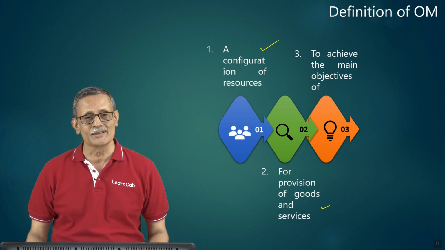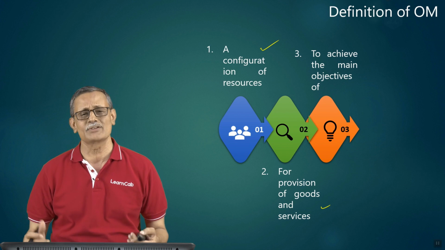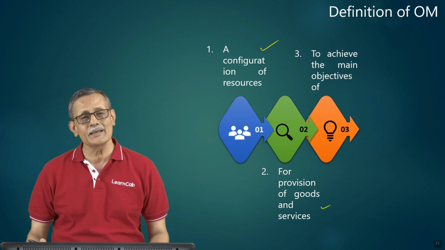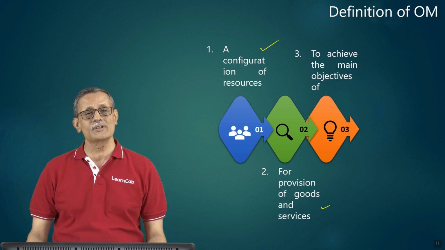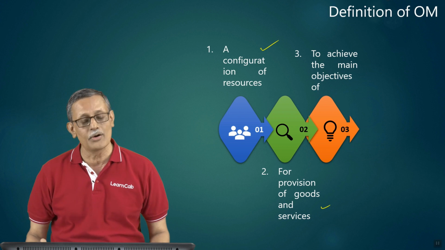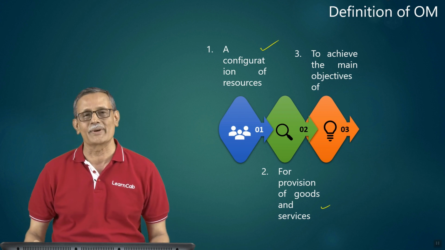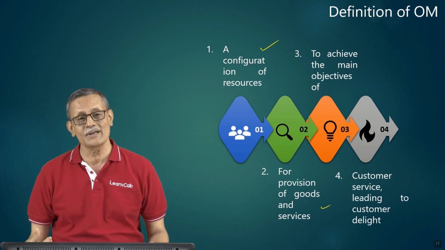If you take a cement industry, it has an objective of 1 million tons of cement per annum, or any such objective. Ultimately, all these configurations of resources are for the provision of goods and services, which will ultimately reach the main objectives of an enterprise. So all these definitions are related.